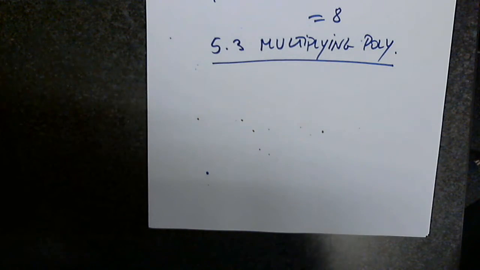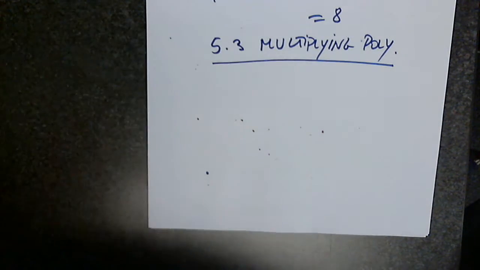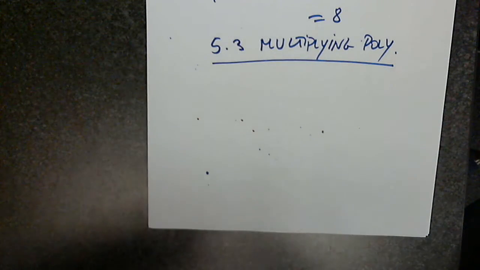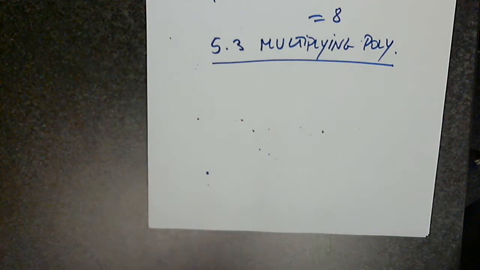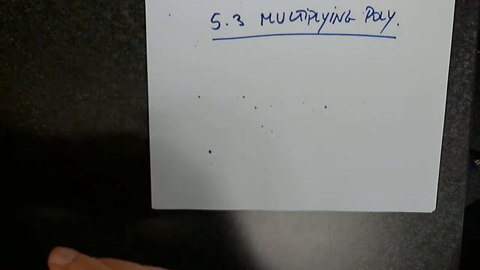Always the final answer has to be presented in descending order of the powers of the variable, so I can, among other things, identify the leading term, the leading coefficient, and obviously the degree before I even rearrange it. Crucial step. Okay? Was that the question? Yes. Very good. Multiplying polynomials.